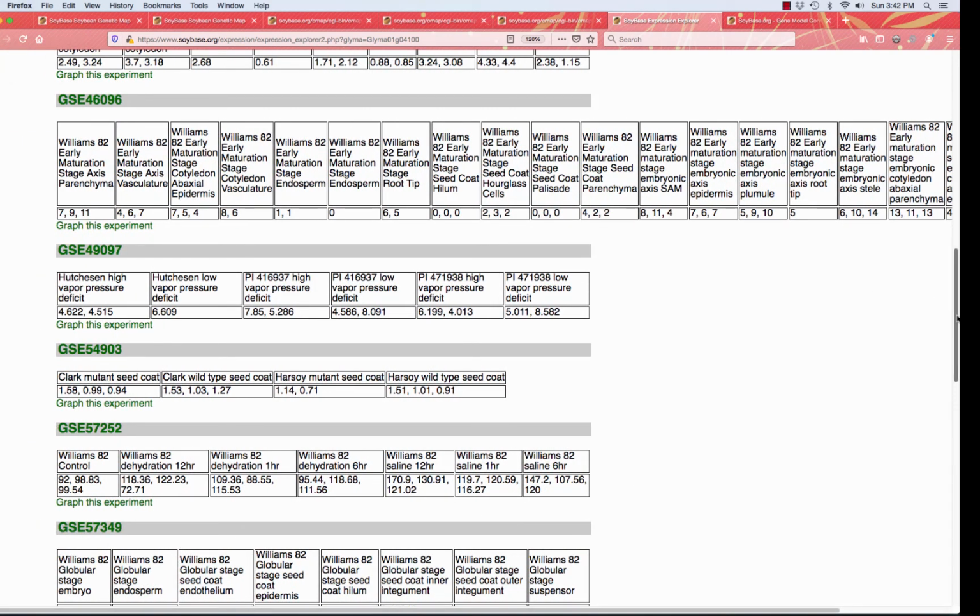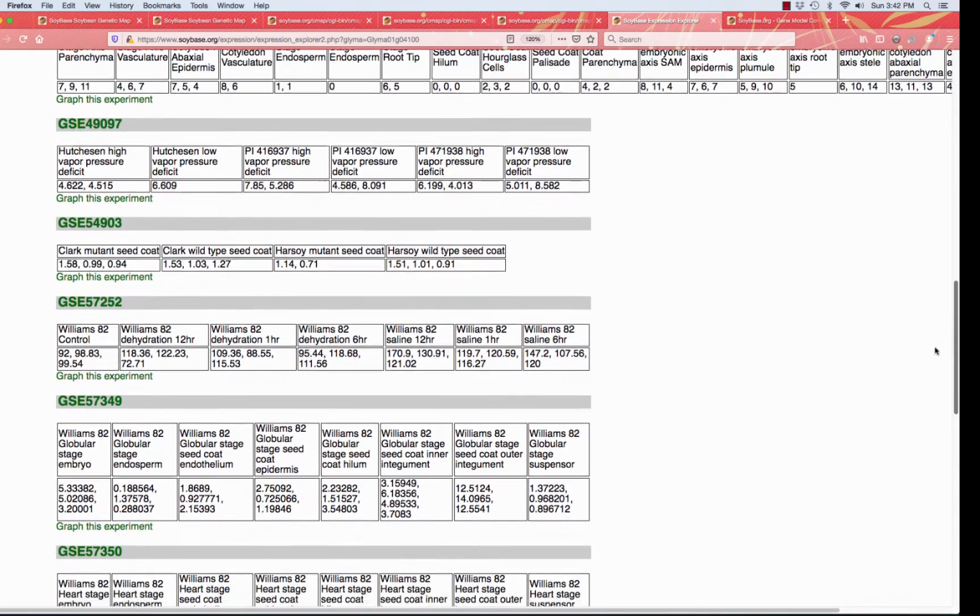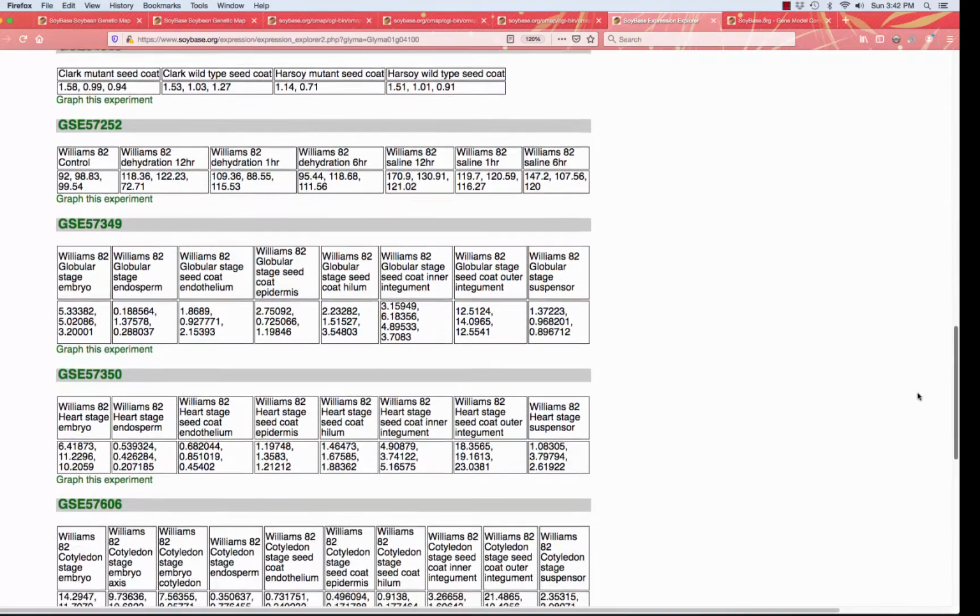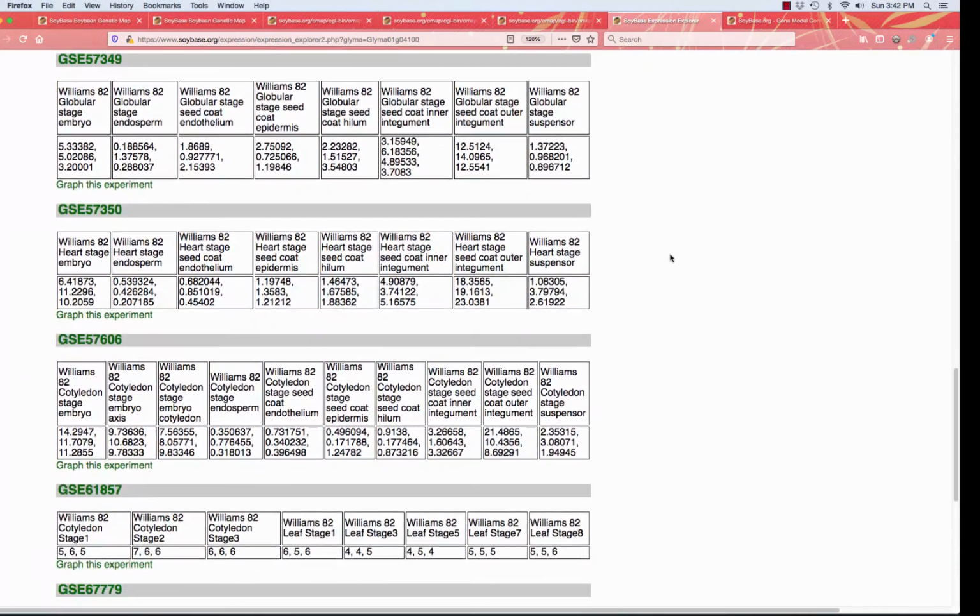And if we peruse more of the experiments, here's an experiment with Williams 82 at the globular stage of development of seeds. And we peruse this and we see, in fact, the highest expression is in the seed coat outer integument.